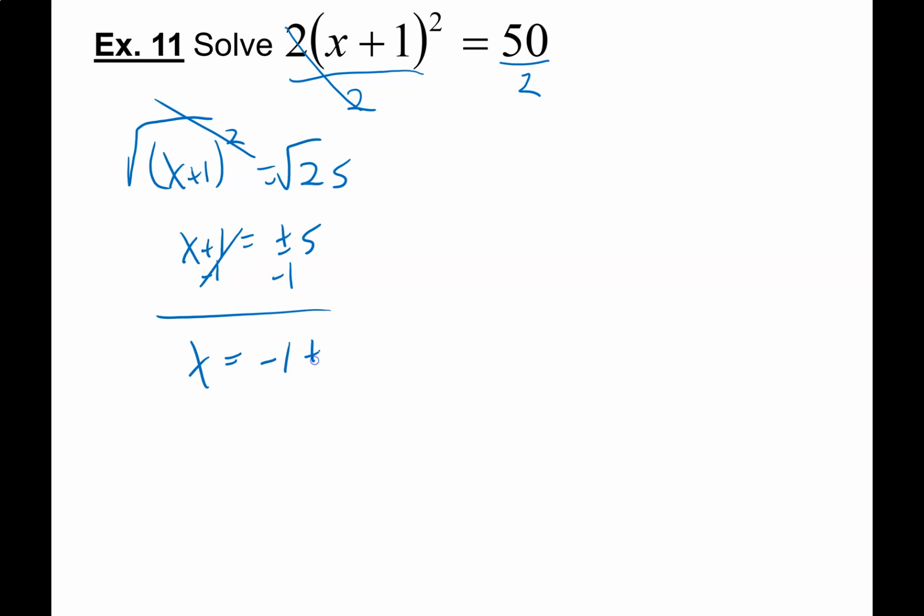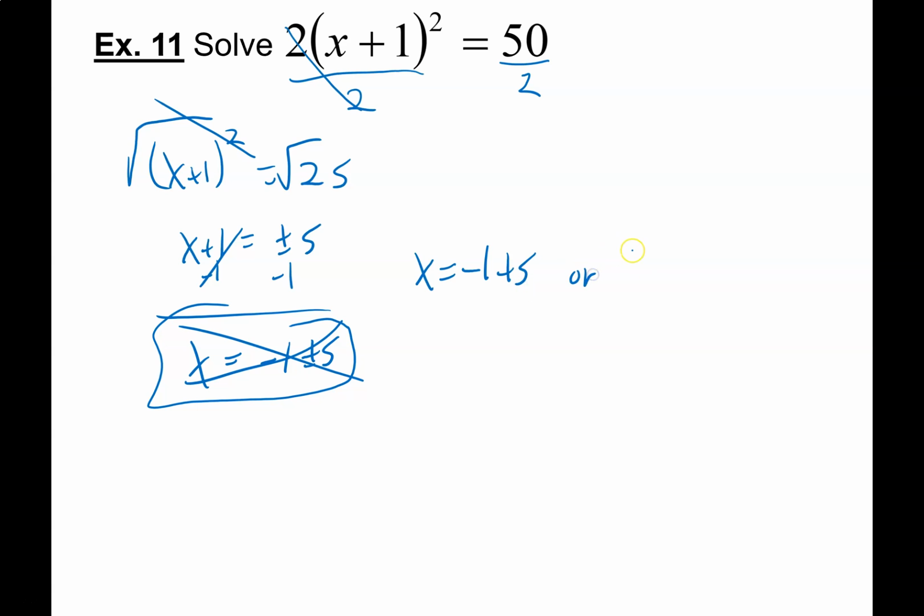You could say negative 1 plus or minus 5. And no, let's not do that, because I can combine those. So you got negative 1 plus 5 or negative 1 minus 5. So you get 4 or negative 6. Kind of like that.